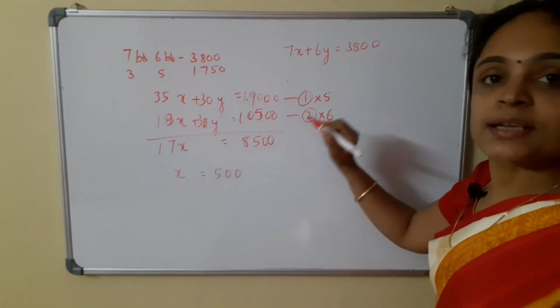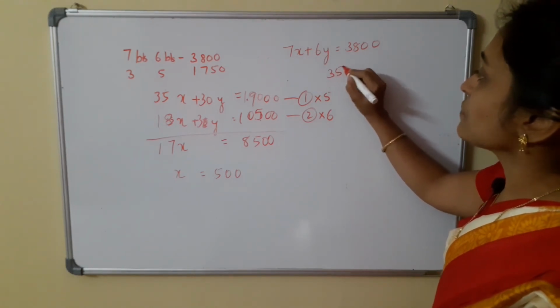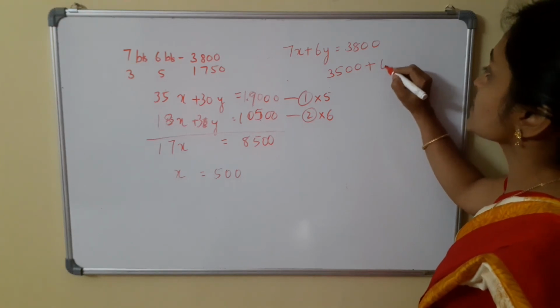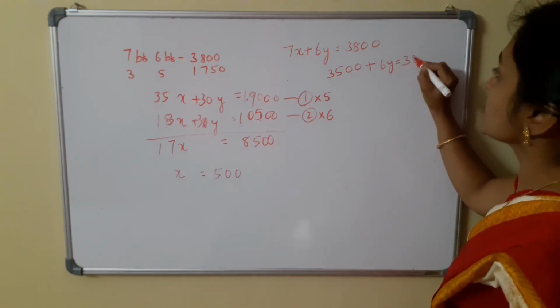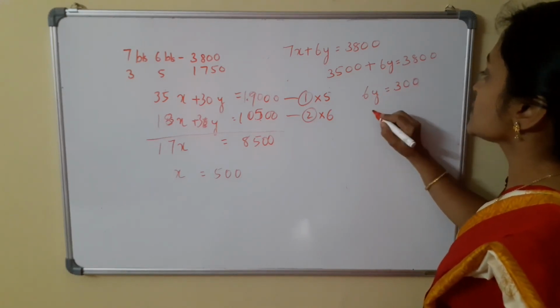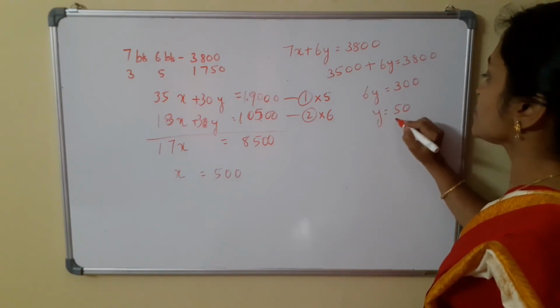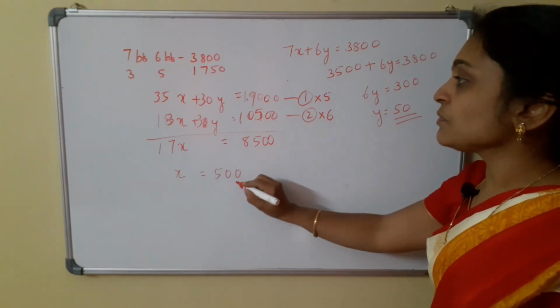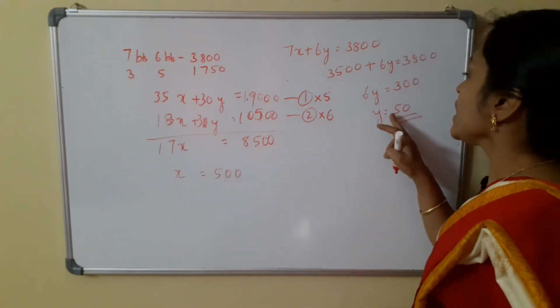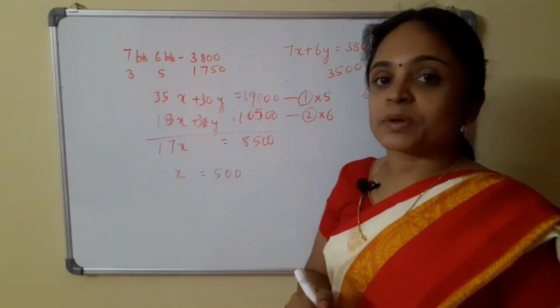So substitute x here. 500 into 7 is 3500 plus 6y equal to 3800. So what is 6y? 300. So what is y? y equal to 50. So x equal to 500 and y equal to 50. Cost of bat is 500 and cost of ball is 50 rupees.